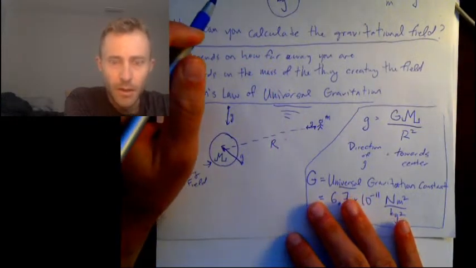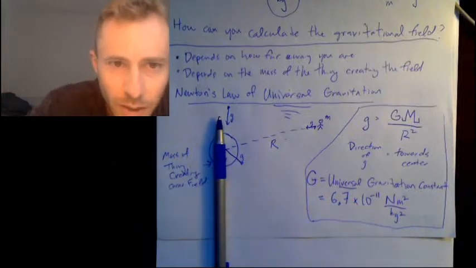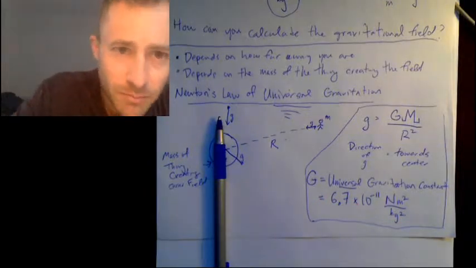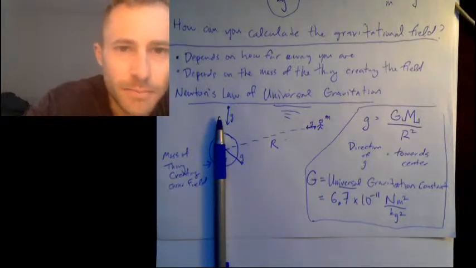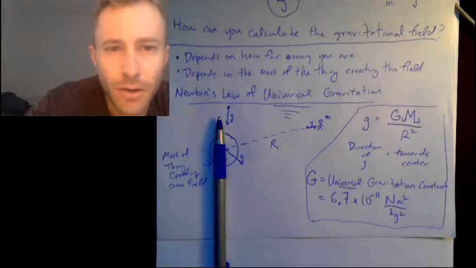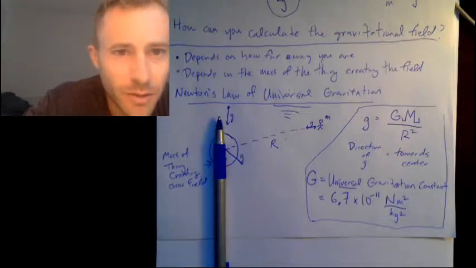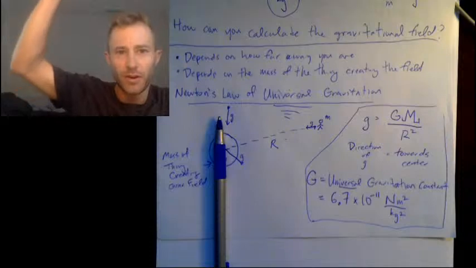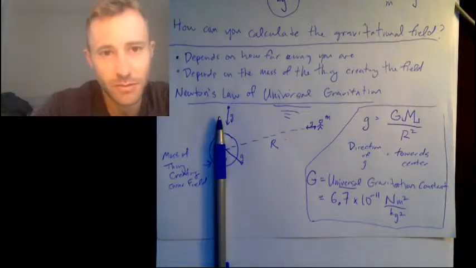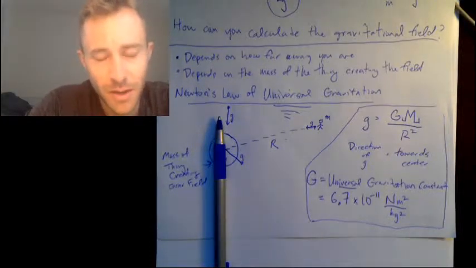Okay. So you might have heard the story of Newton and the apple, which I don't know if it's a true story or not, but the idea is an apple fell out of a tree and hit Newton on the head, okay?